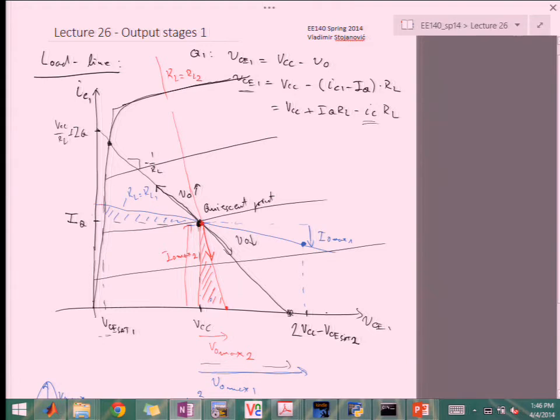So that triangle would be kind of this whole area, right? Can you keep going? This point can move up to what point? How far on VCE can we go? To this one over here, right? 2 VCC minus VC sat.